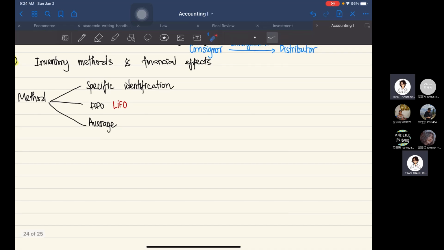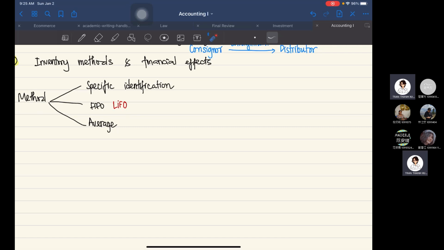The specific identification method also has pros and cons. For the pros, it can accurately determine ending inventory and cost of goods sold, because each item has its own value.